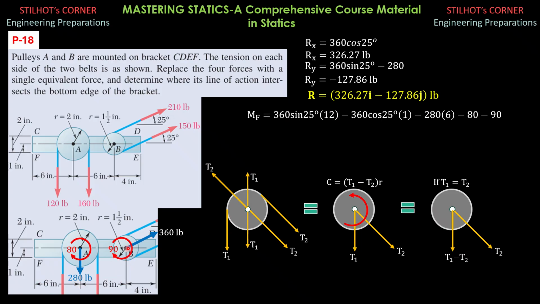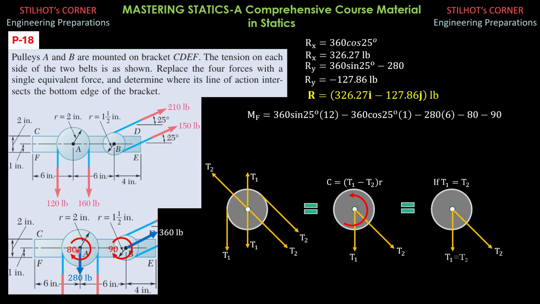The horizontal component is 360 cosine of 25, and it produces a clockwise moment about F, and therefore it is minus 360 cosine 25 times moment arm 1 inch.